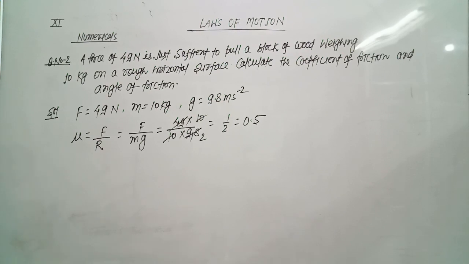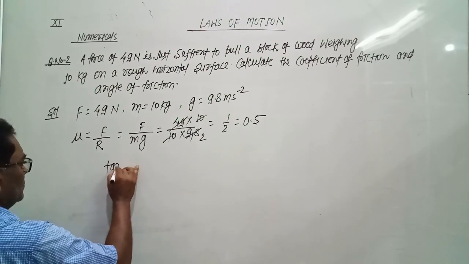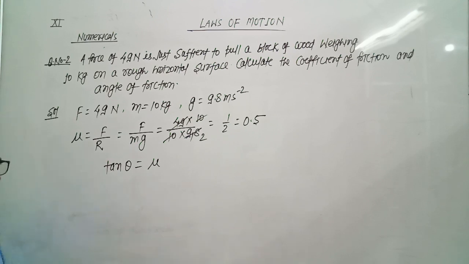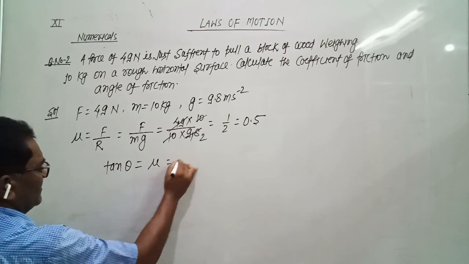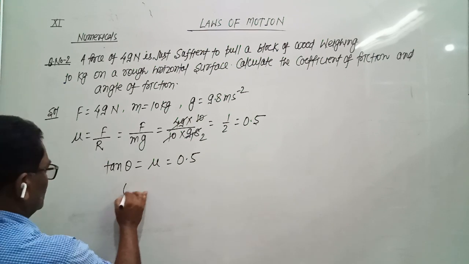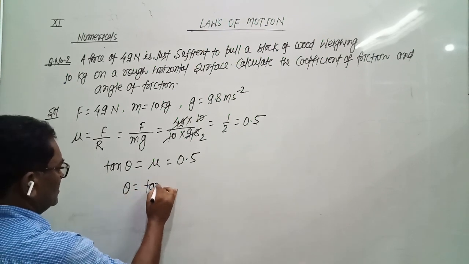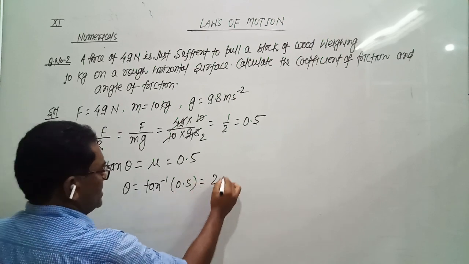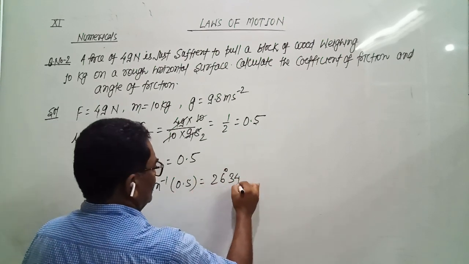And the angle of friction. So we know tan theta equals mu, and the value of mu is 0.5. So tan theta equals 0.5, which means 1 by 2, and theta equals tan inverse 0.5, which is 26 degrees 34 minutes.